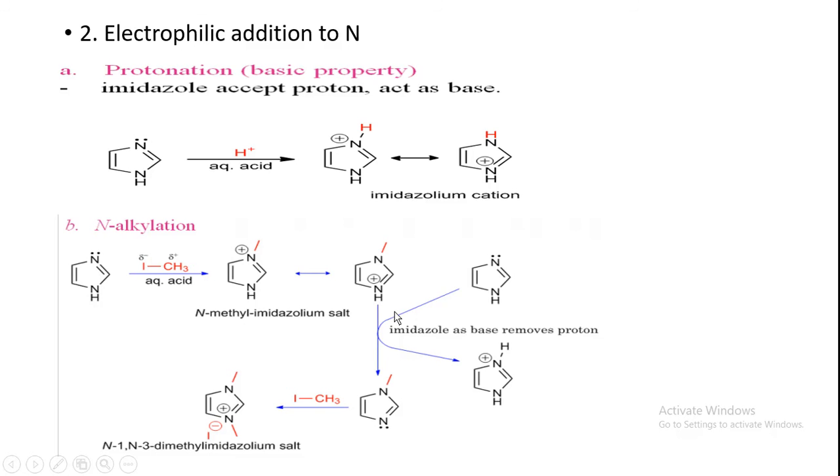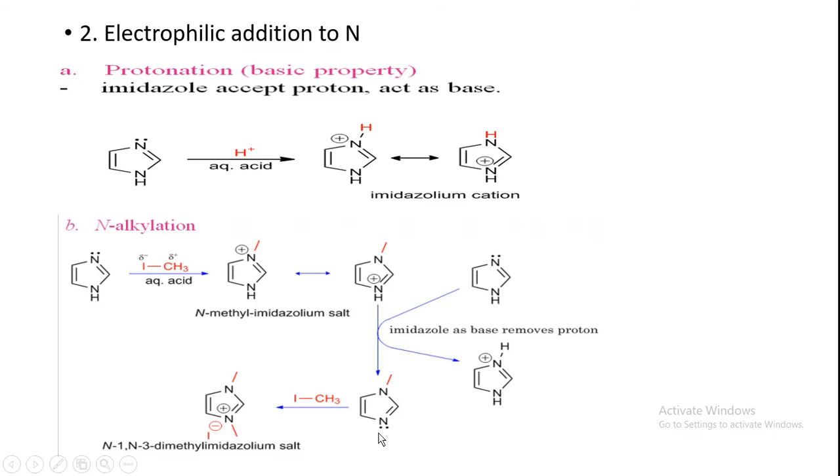Then next, this imidazolium salt will undergo resonance, that is charge will mobilize, okay. Charge will move from this nitrogen to this nitrogen. So here what will happen, another molecule of imidazole will act as a base to remove the proton, so that the H plus will be removed by another molecule of imidazole.